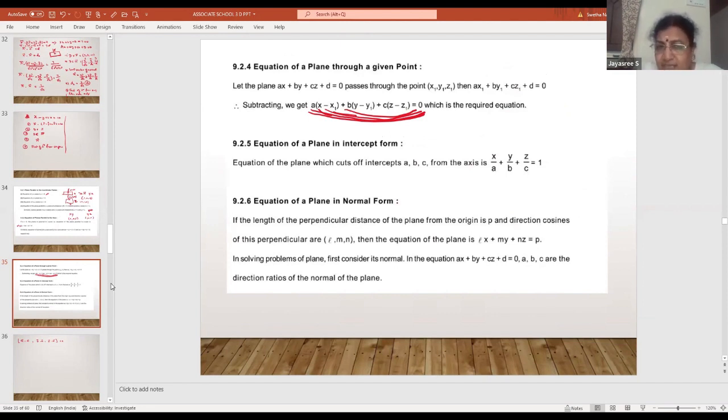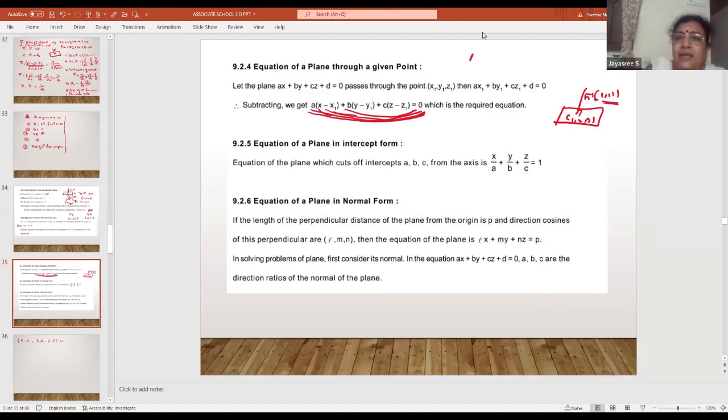So I'll be sharing what I learned in this method. Suppose the plane passes through the point 1, 2, 3 and the normal vector is given as 1, 1, 1. In a 4-mark question, the children first found the normal.